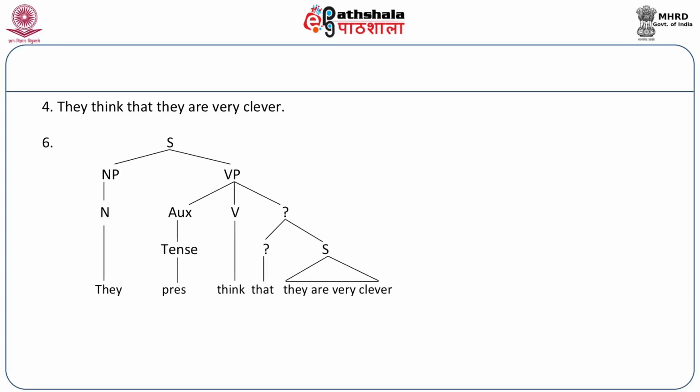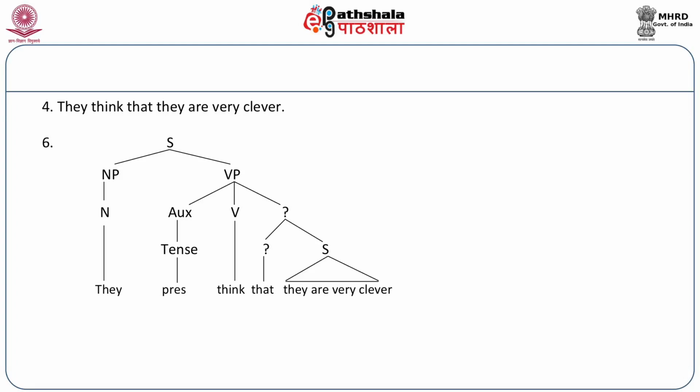Now look at the diagram 6. Here we have a tree diagram for the sentence they think that they are very clever, and we have already decided to call they are very clever an S because it is a clause.